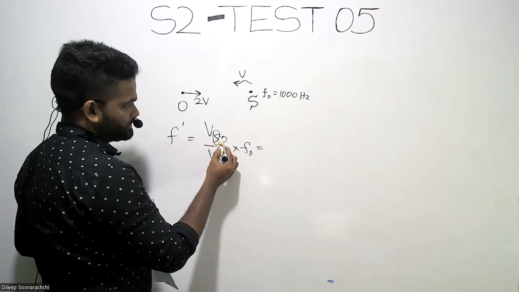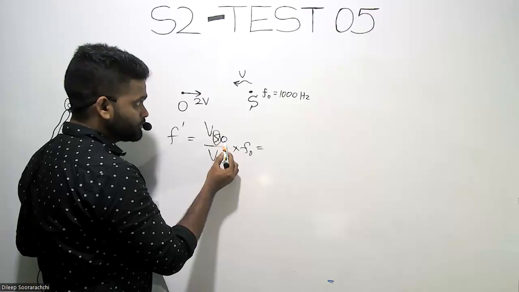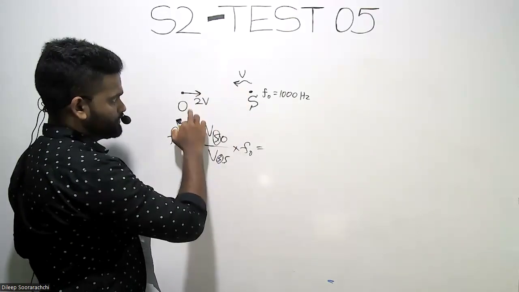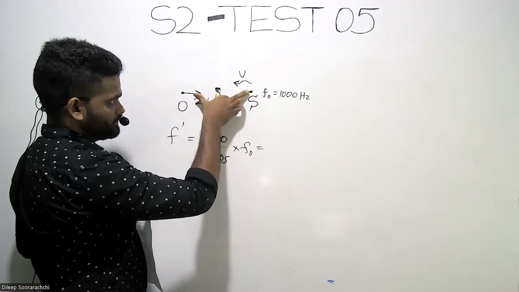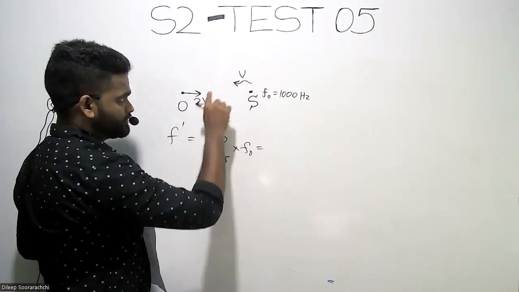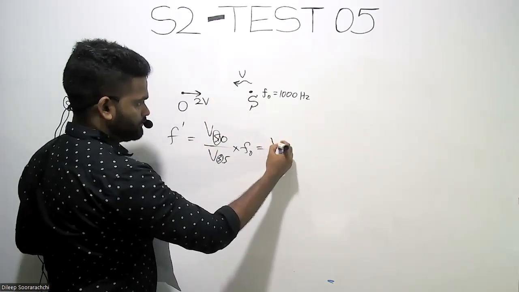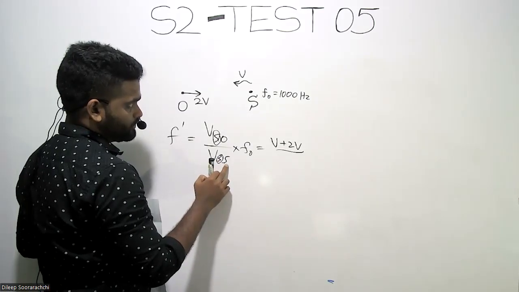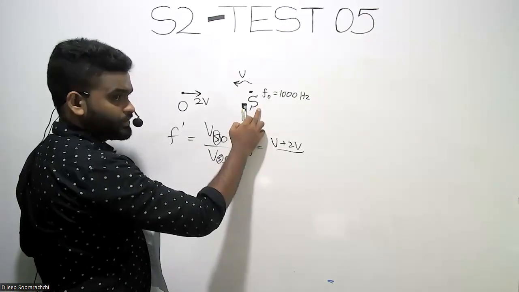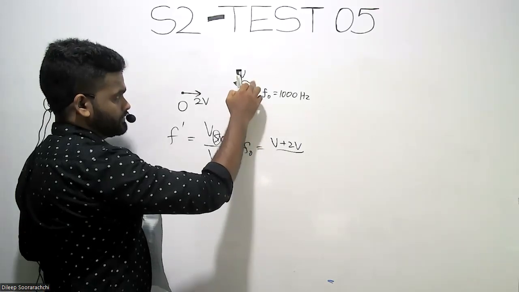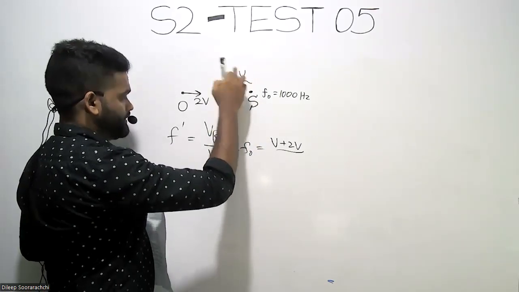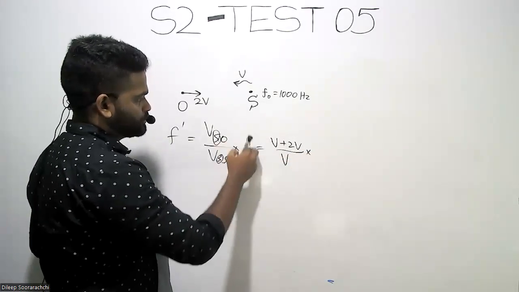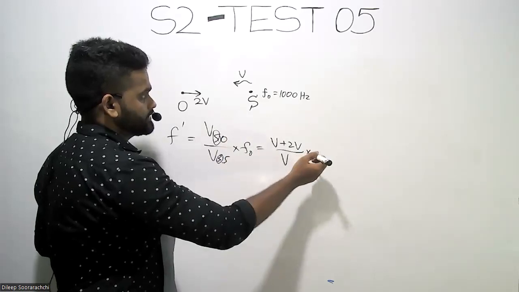So sound speed relative to observer. Sound is moving to this side, observer is moving to this side. So the relative velocity should be the addition of these two, v plus 2v. Then this is sound speed relative to source. Source is at rest, so the relative velocity of sound is just v, times the actual frequency, the real frequency, that is f naught.